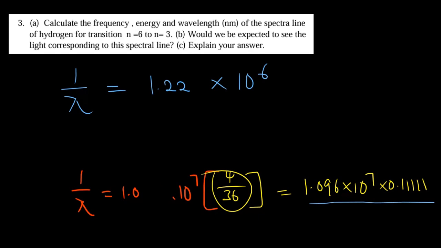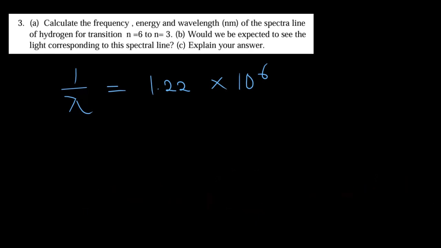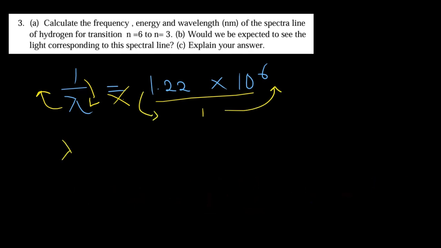Okay, and then here, remember our interest is the lambda. So if you want, you can say this over 1 and then you cross multiply. But a faster way is just switch this. Take the lambda on top, bring the 1 down. Even here, take the 1 on top, bring this number down. So we're going to have lambda over 1 is equal to 1 over 1.22 times 10 to the power 6.